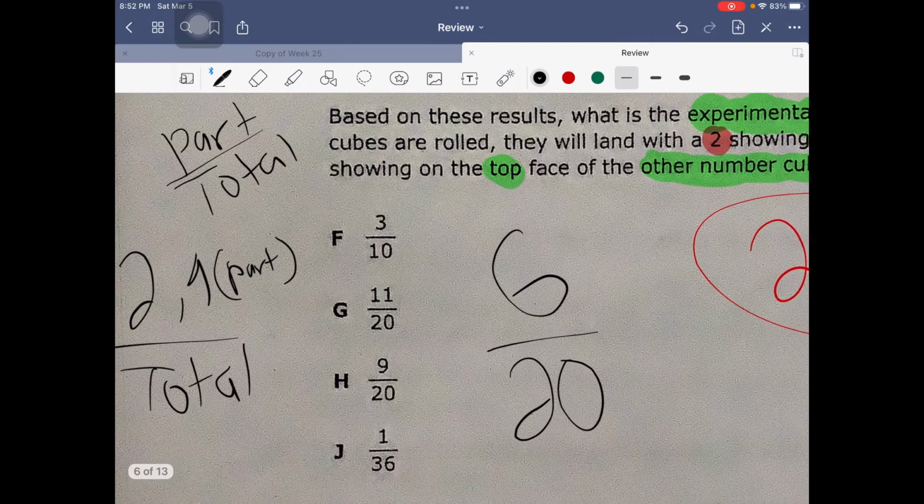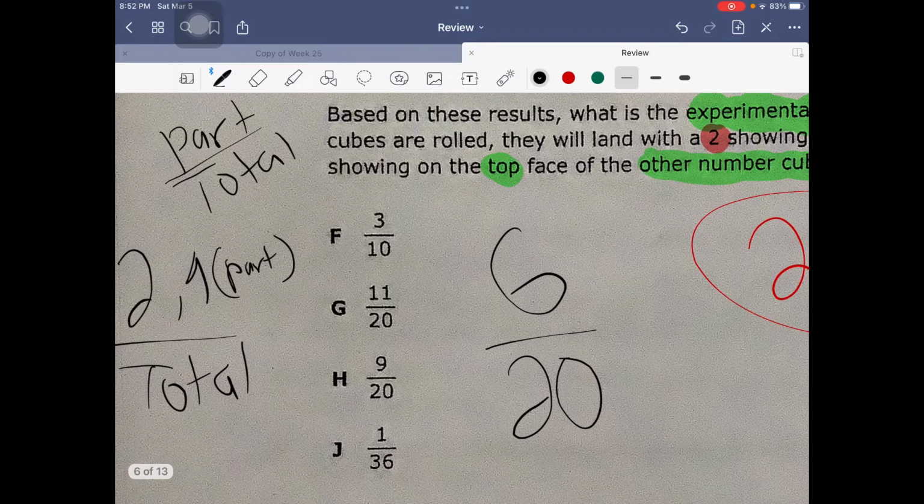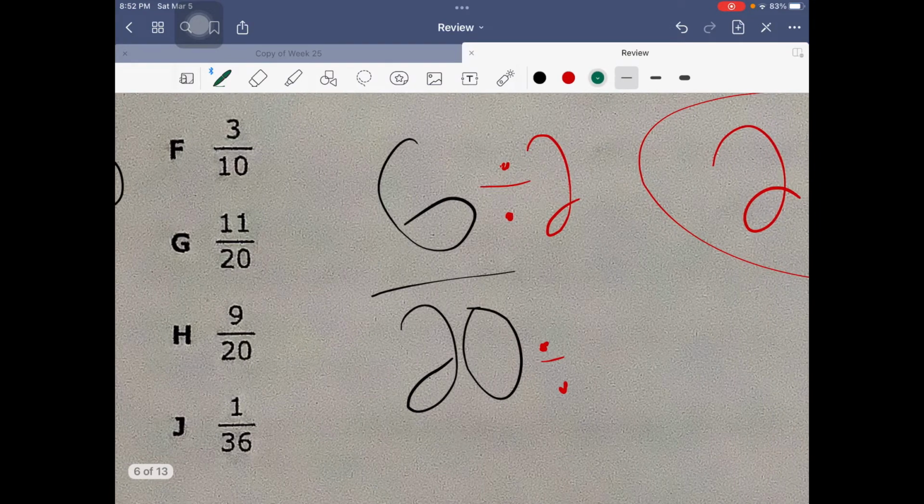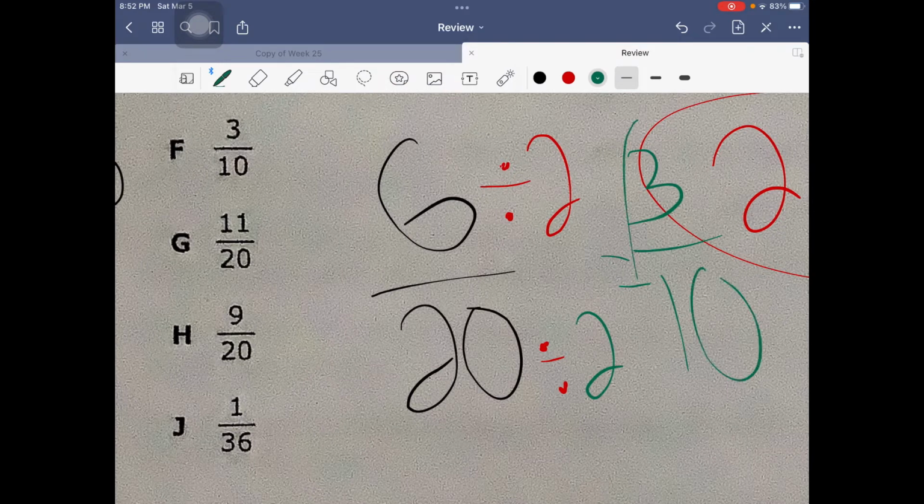But in this case, it's just a fraction, no percentage, which is pretty cool. Right away. Now, what can I simplify by? What can I divide by? 2. What's 6 divided by 2? What's 20 divided by 2? So what's my answer?